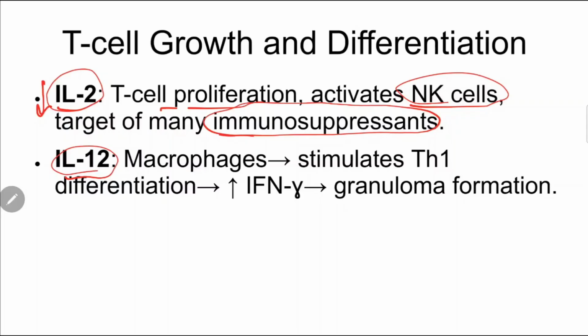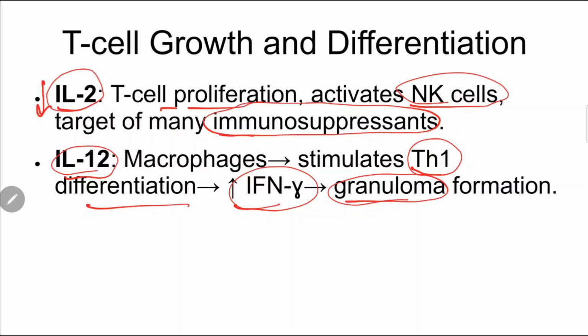Like I've said before, macrophages release interleukin 12 that stimulates T helper 1 differentiation. That T helper 1 cell then releases interferon gamma, which is important for activating the macrophage, and that leads to epithelioid macrophages that form your granulomas, right?